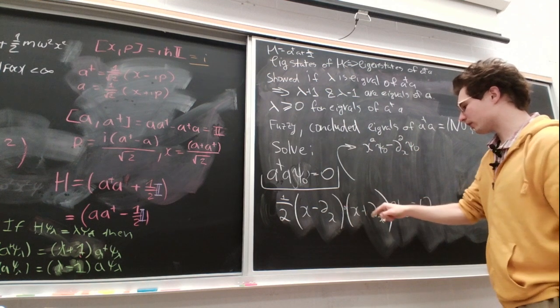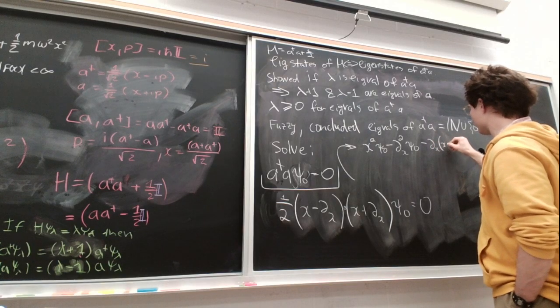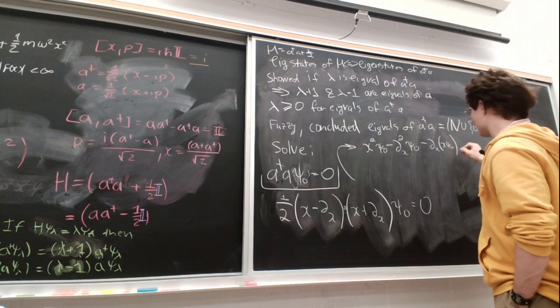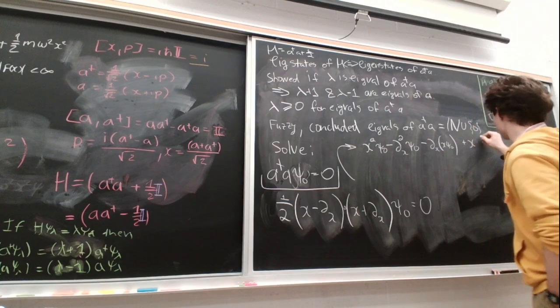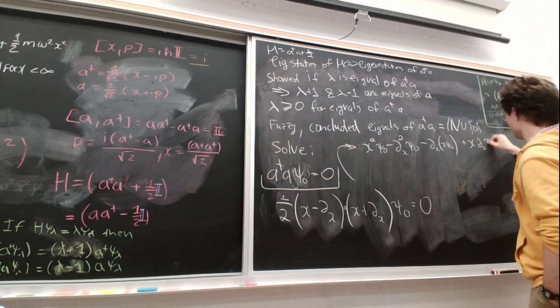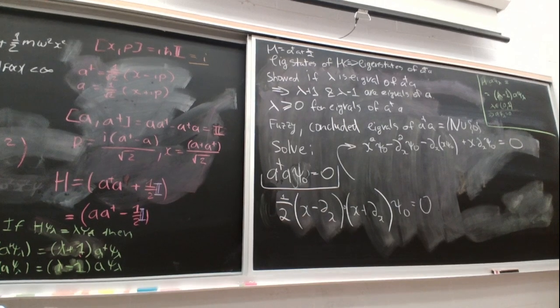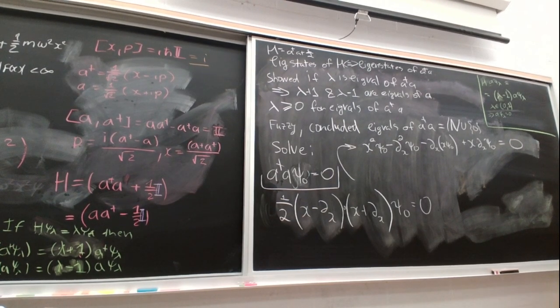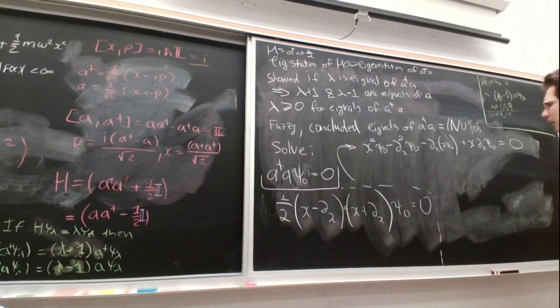Then I have the cross terms: minus partial x of x psi naught plus x times partial x psi naught. And this whole thing has to be equal to 0. Do you agree? This is some differential equation I want to solve.